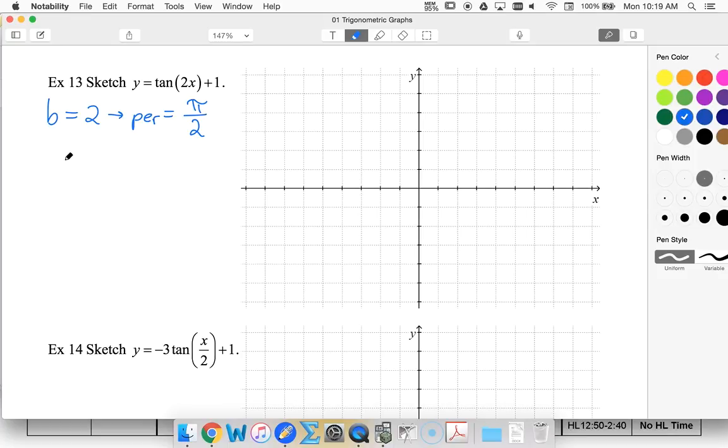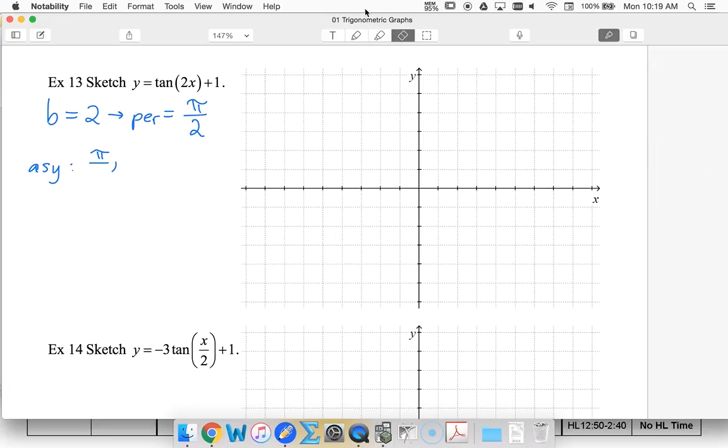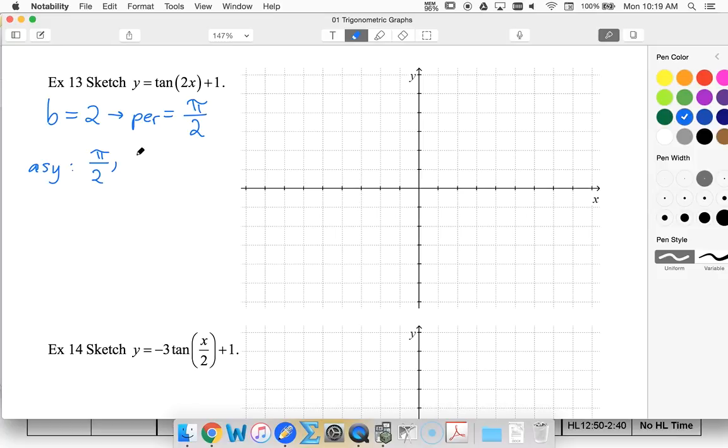I know that I normally have my asymptotes at pi over 2, 3 pi over 2, etc. Now they're going to become pi over 4, 3 pi over 4, because these are affected by my horizontal stretch.